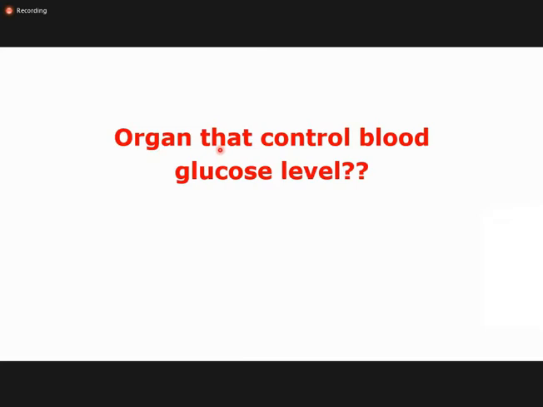Now, the major organ that controls the blood glucose level. My query here is: name the organ that controls the blood glucose level, the major organ. Various organs are involved, but just think about the major organ which helps in the control of the blood glucose level.